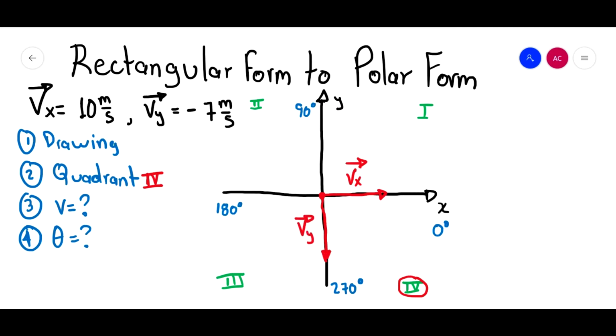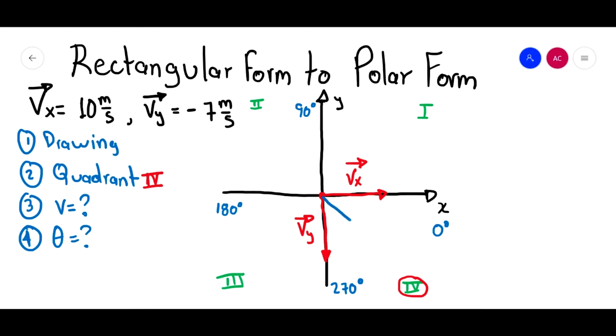Now I'm going to draw the vector. The only thing that I know is that the vector is between these two rectangular components, between 0 degrees or 360 degrees and 270 degrees. As I said before, it's not necessary to do it accurately. I just want to represent the vector.